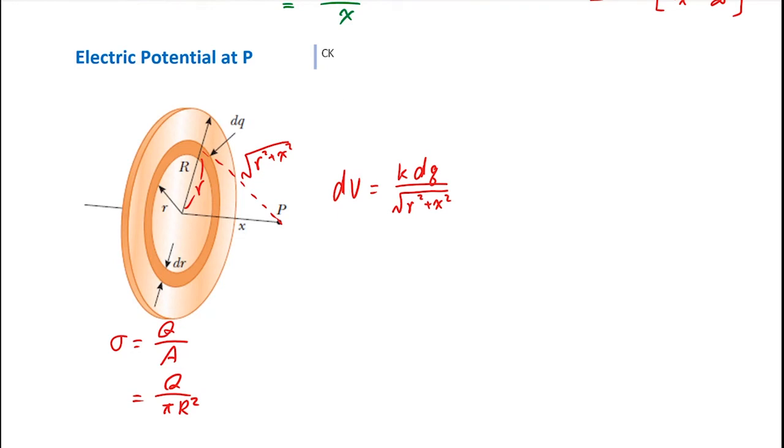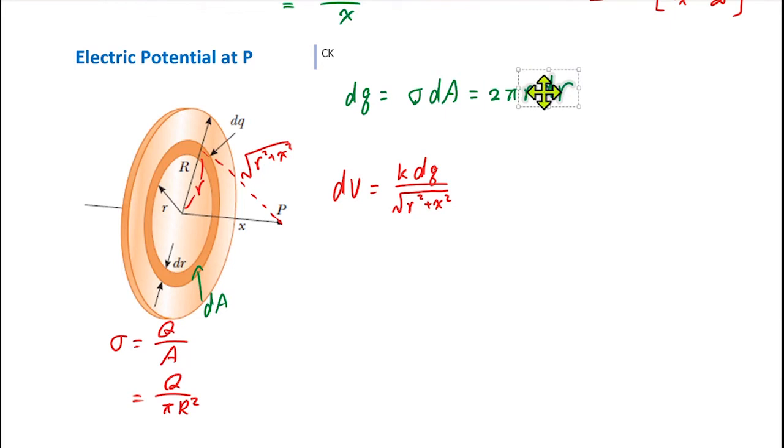So I'm going to do that here. dq, of course, is the area of this ring times the density, isn't it? Density times dA. You with me? dA being the area of this ring. And that happens to be circumference, chapter 7 idea in calculus class, 2 pi r dr, times sigma.